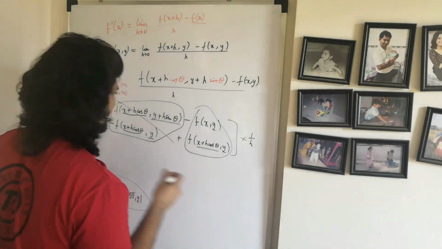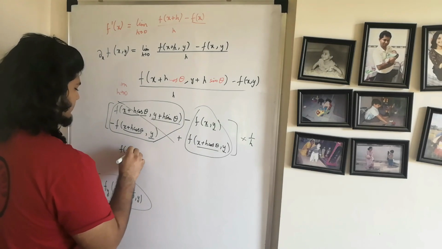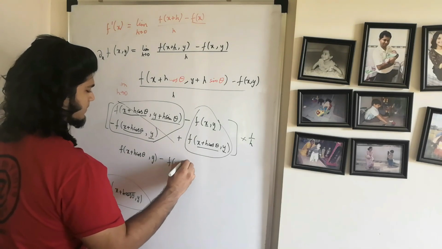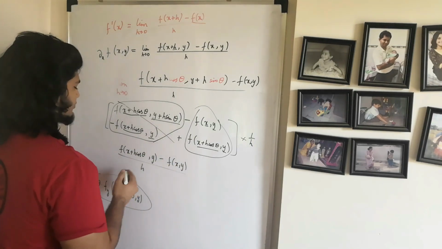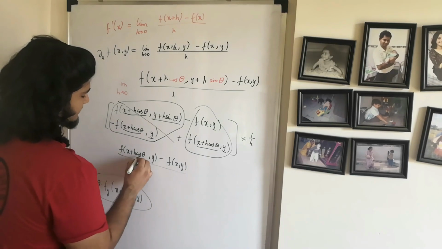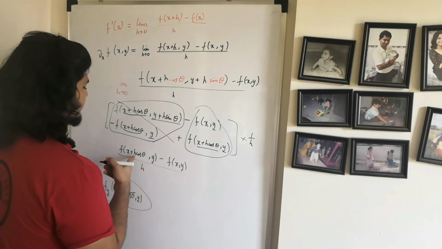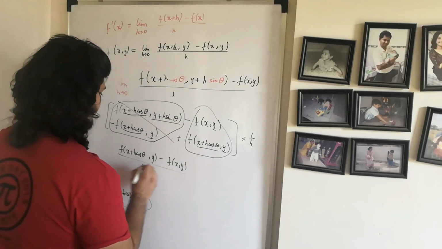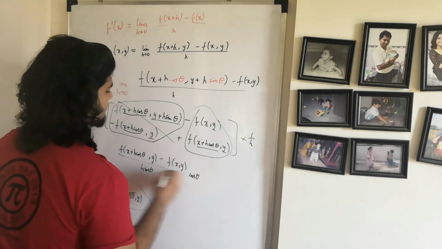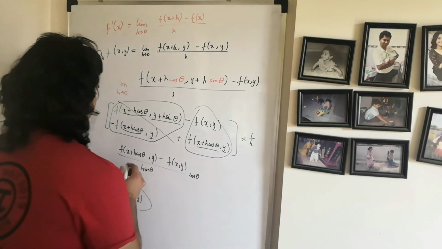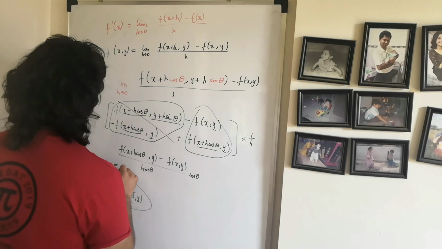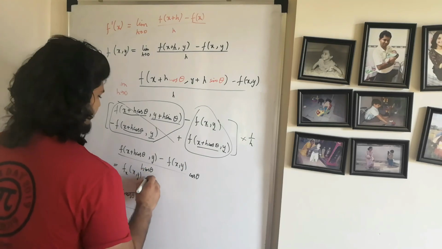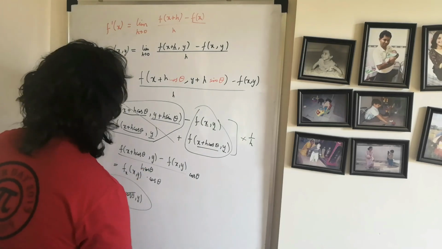So once again, same trick. We have f of x plus h cos theta, y minus f of x y, divided by h. Since the increment is h cos theta, but we only know how to deal with h cos theta in both cases, let's multiply this by h cos theta and multiply on the outside by cos theta. We know that this is nothing but f sub x of x y, with a coefficient of cos theta attached to it.